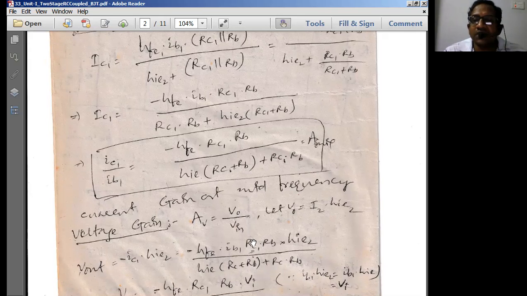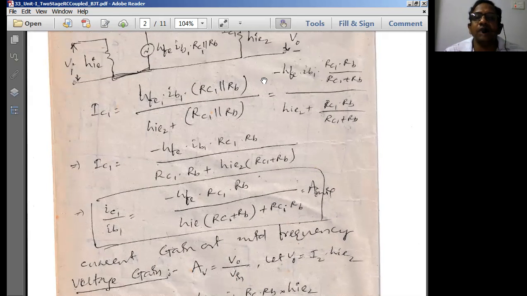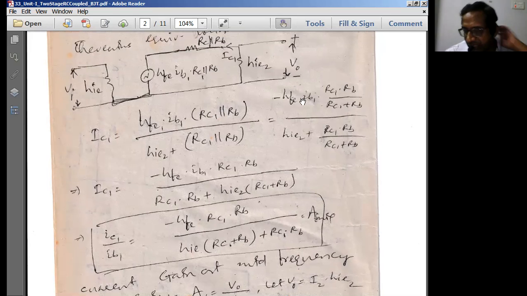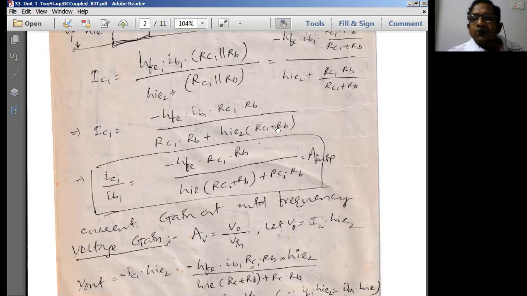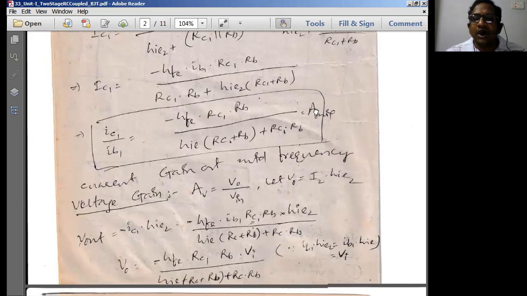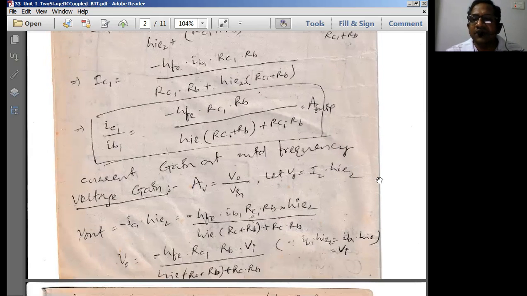Now in the approximate analysis, in general, what is going to be the effective resistance? We can have Ri1 dash, Ri2 dash equal to HIE plus AI into HRE into RL, all those things. For approximate analysis, the HRE component is neglected, and therefore the AI into HRE into RL component becomes 0. Finally, we simply get HIE2.